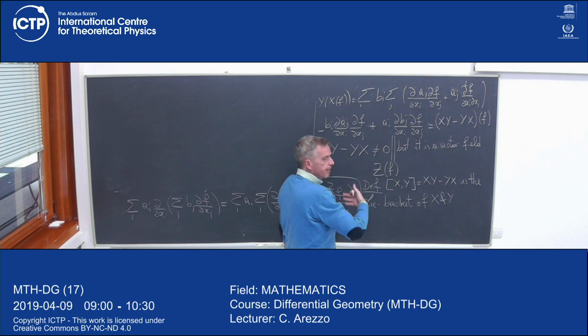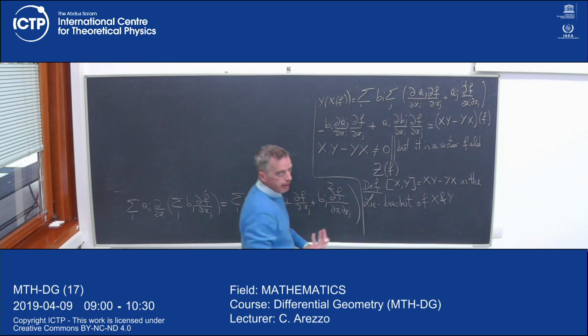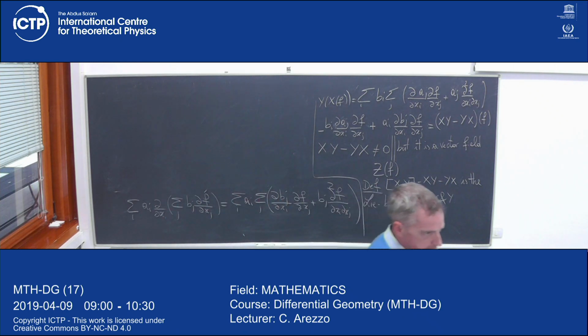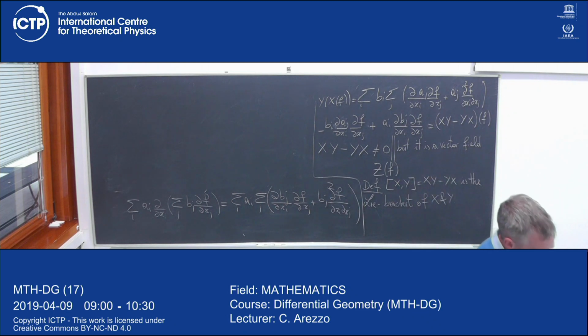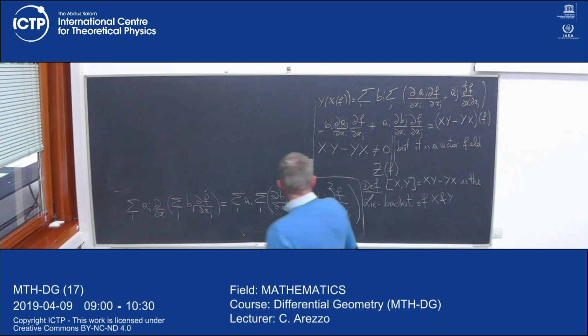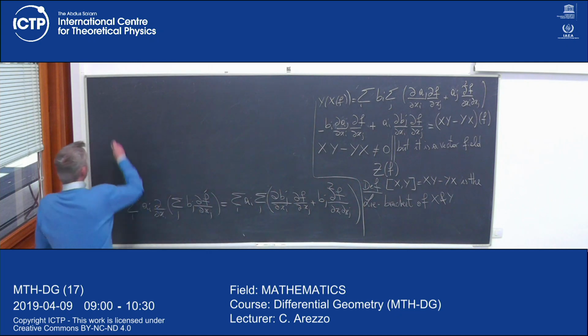So the fact that there are vector fields for which the bracket is non-zero is not the failure of the general theorem about the commutativity of the partial derivatives. It's the special situation of those two vector fields. Those two vector fields do not commute when you see them acting on functions. So you have to be a bit more careful.